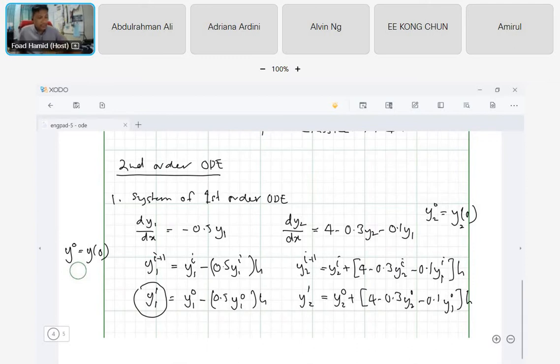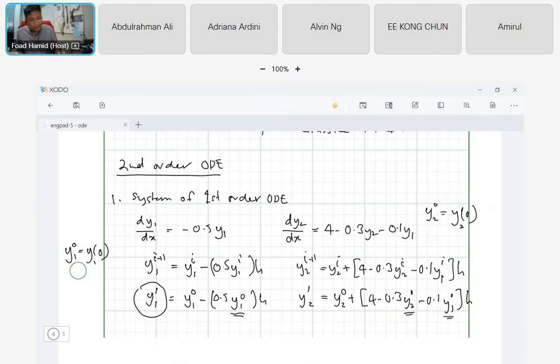For the first equation, we have y1's initial condition, and for the second we have y2's. We can solve this because we know the value from the initial condition of y1, and we also know this from the initial condition of y2.